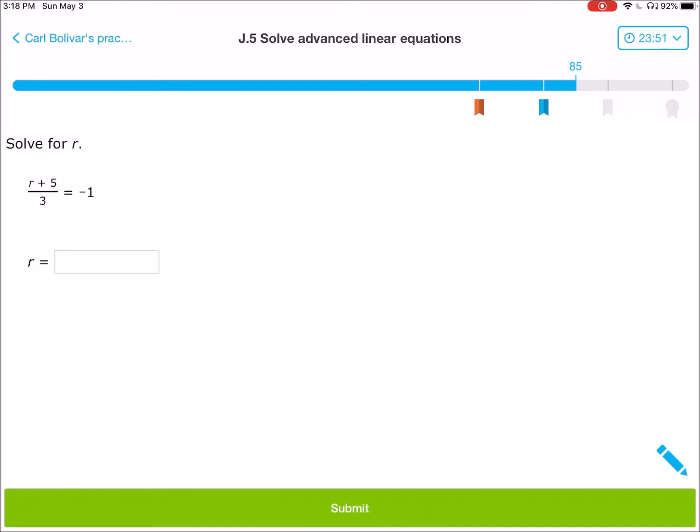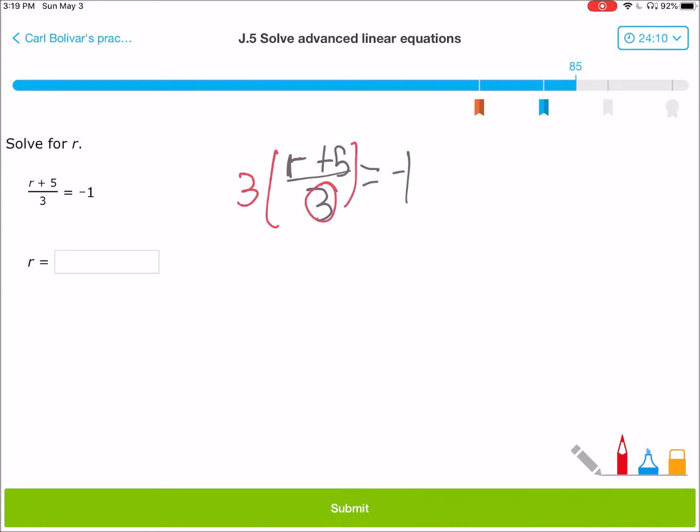Amazing. Alright, now let's do the same here. Let's write it out first. R plus 5 over 3 is equal to negative 1. So what we will do first is multiply each side by 3 to take out this 3.